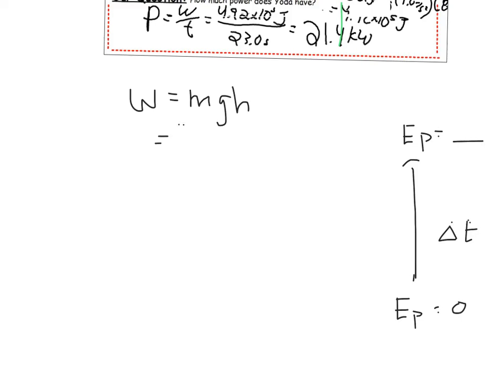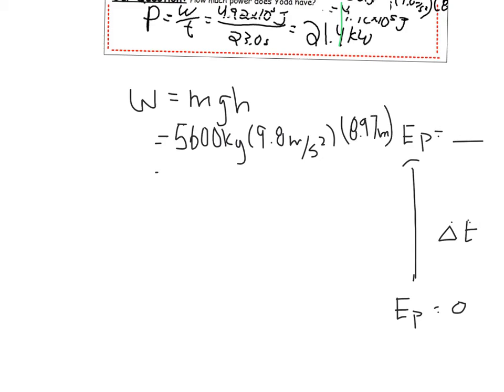So that X-wing is 5,600 kilograms. g is 9.8 meters per second squared, and then the h is 8.97 meters. So that's how much work is done by Yoda in that clip.